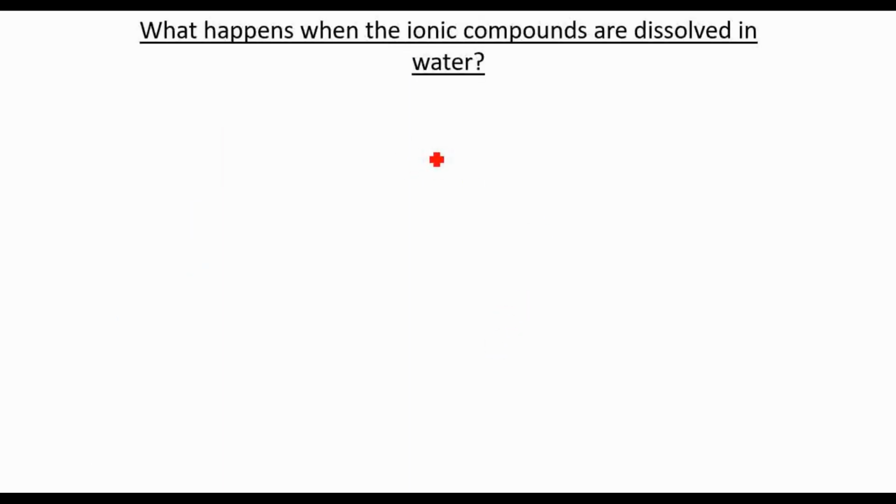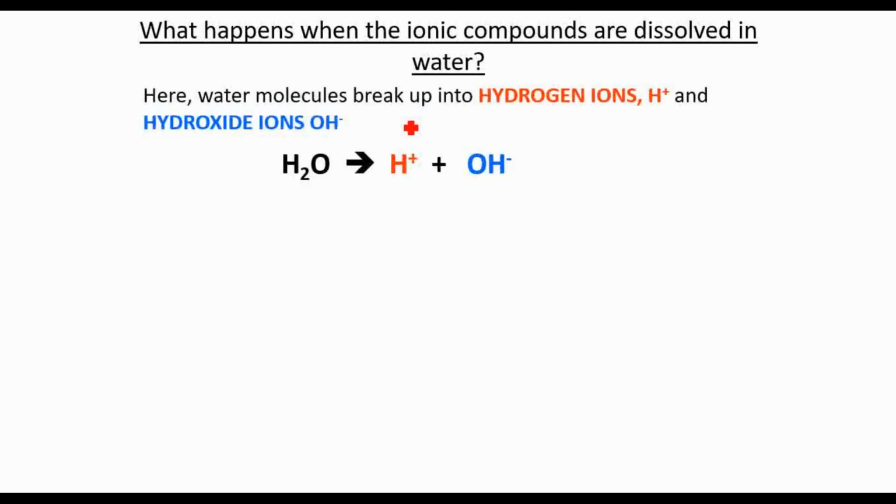Now, not all the times you will have molten electrolytes. Sometimes your electrolyte will contain water, and this is what tends to get to students' heads. You need to know that water could also be split. Water is a covalent compound, but when you pass electricity through it, it can split to give you your H+ ions and your OH- ions, as shown there.